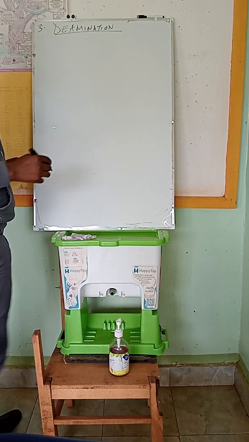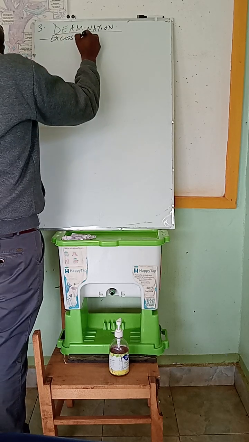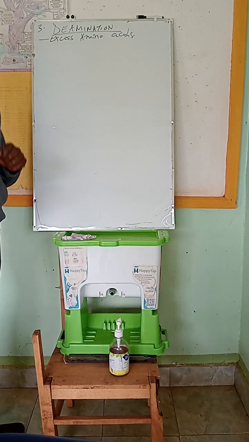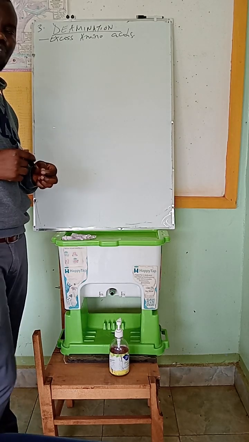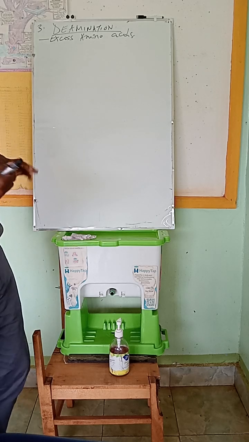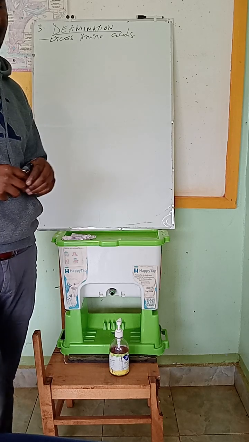What are we deaminating? We are deaminating excess amino acids. Where do we get the excess amino acids? When someone takes proteins, these proteins are broken down through digestion and converted to amino acids.